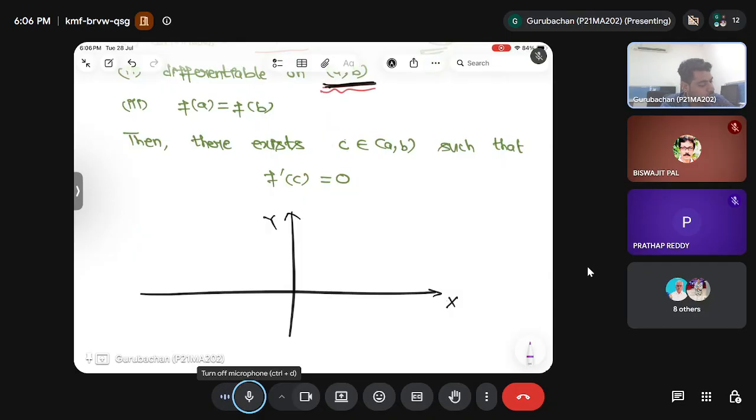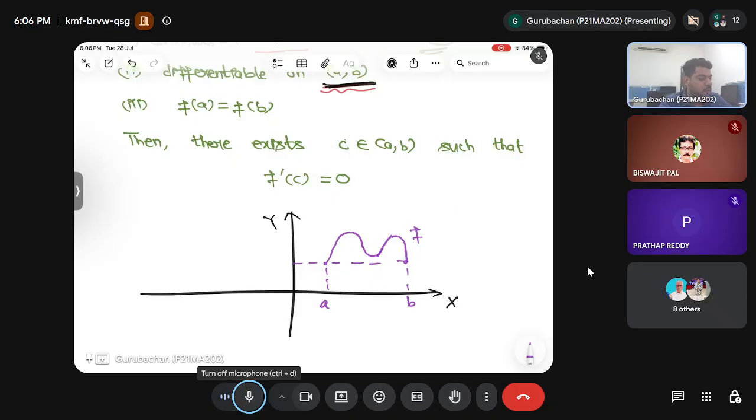First of all, what is the geometrical interpretation of this particular theorem? Suppose this is our function f, and this is your point B, this is your point A. Clearly f is continuous because there is no break in the graph. Next is differentiability.